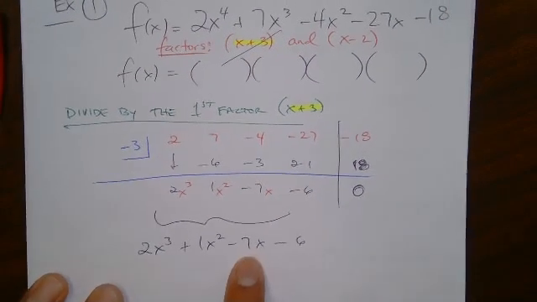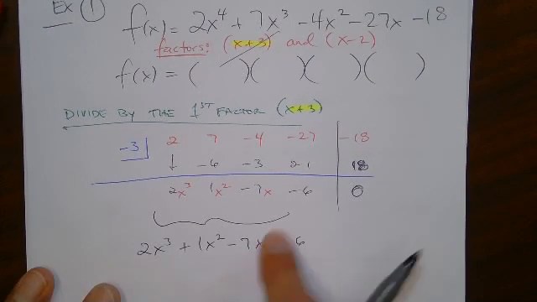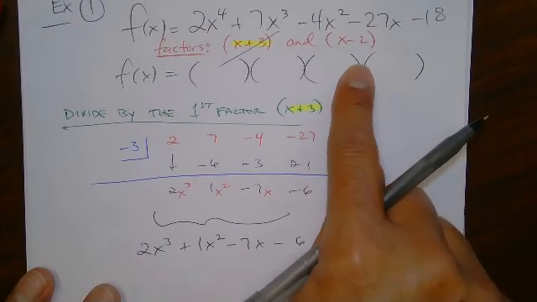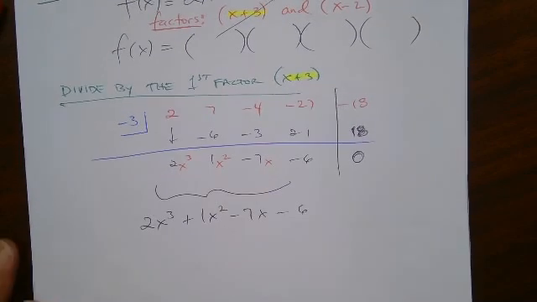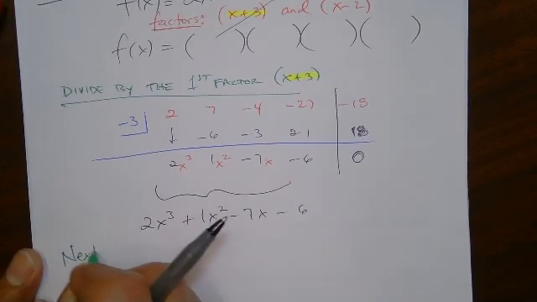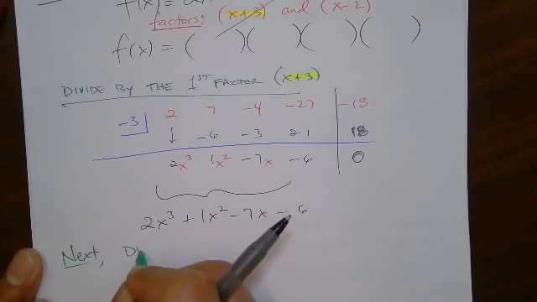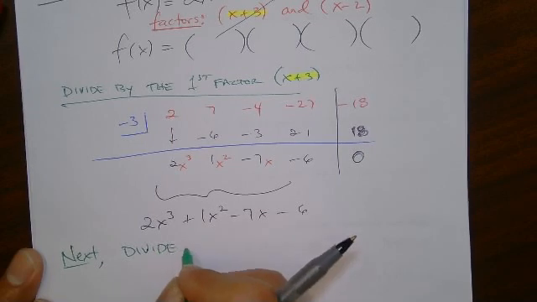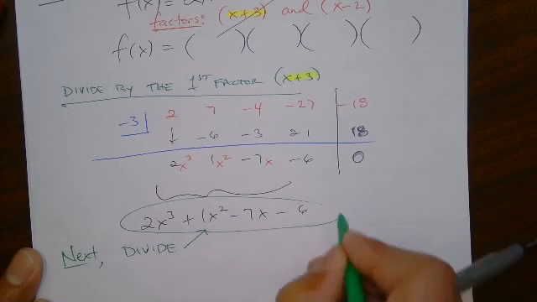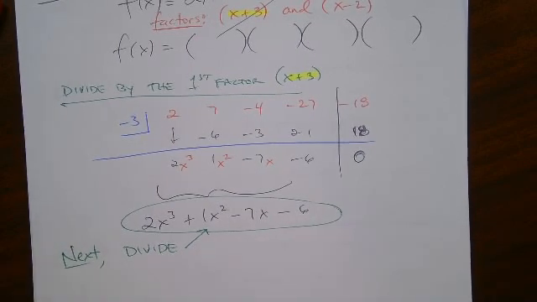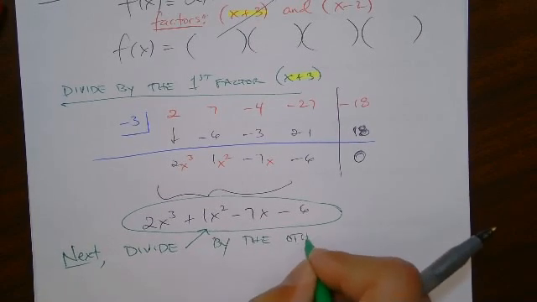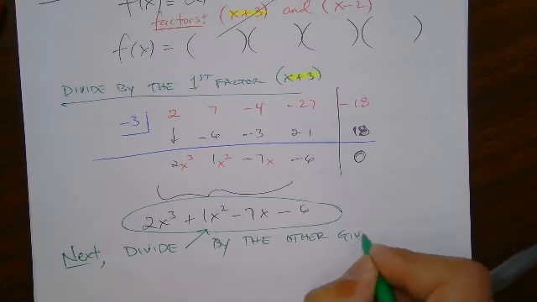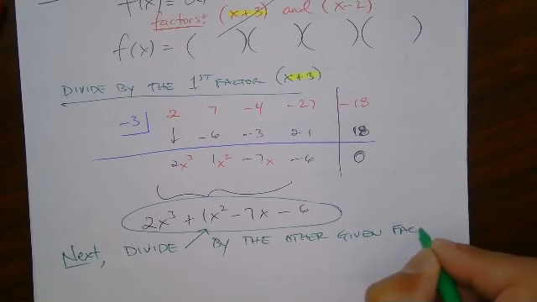So now I get this. Now divide that one by the next factor, right? Divided by the next factor. So part 2 is divide this by the other given factor, right?